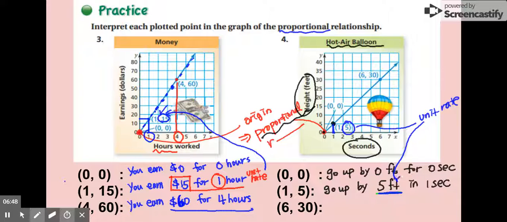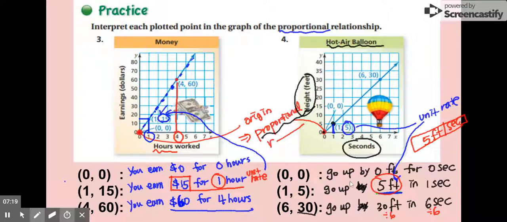And also here, you go up to 30 feet in 6 seconds, so you can also divide by 6 to find the unit rate. Then you will also get 5 feet per second. So you just find the unit rate, and if you copy this down and show all work on the quiz or test, then you should be good.